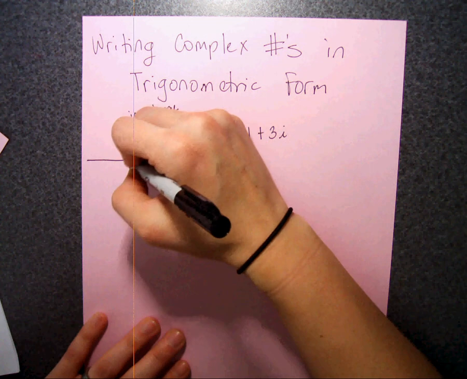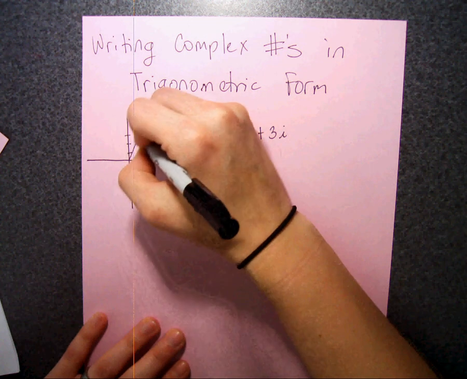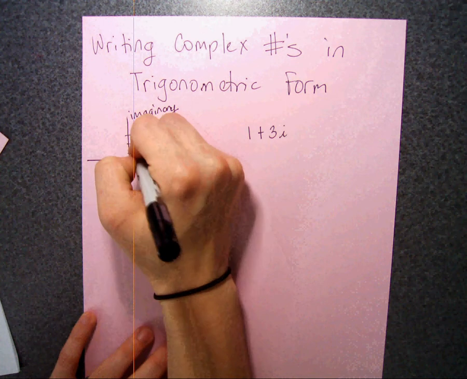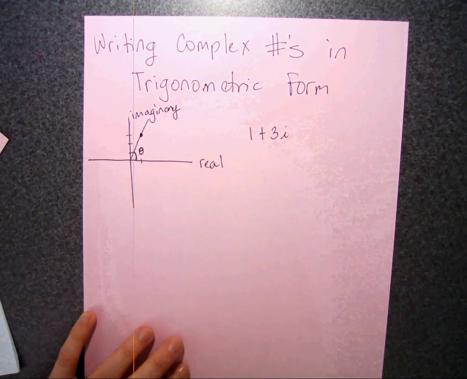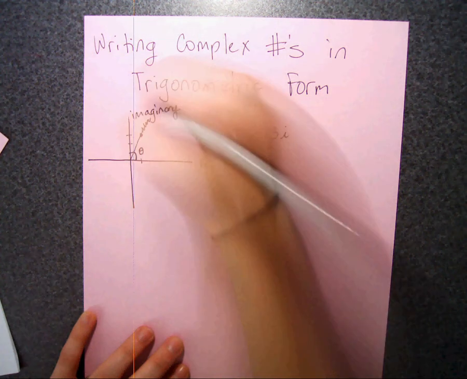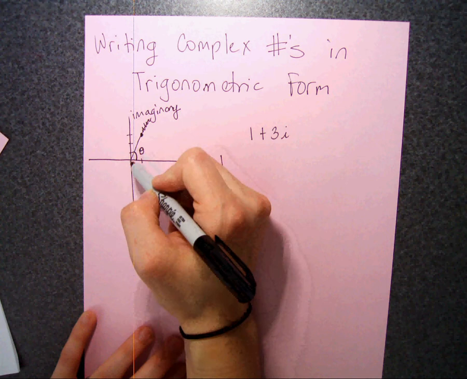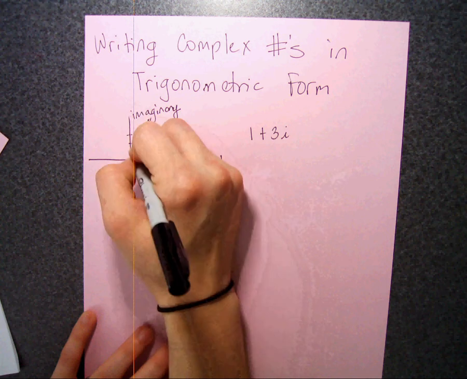And an angle is formed. We'll call this angle theta, and pretend I didn't draw past that point, we'll call the length of the line from the origin to that point r. So I have r, and the angle formed theta.